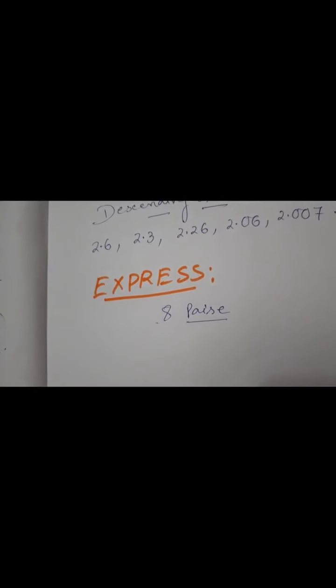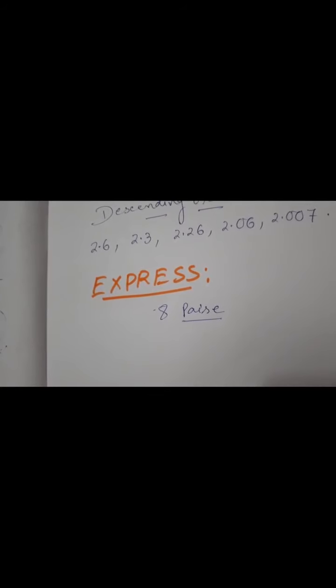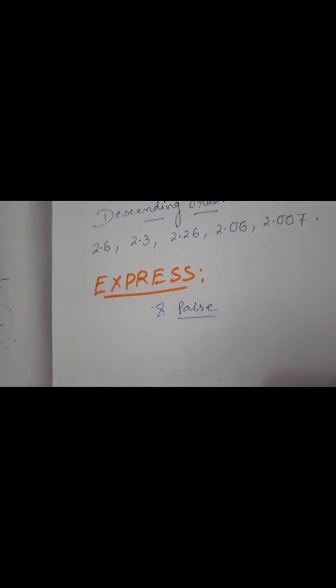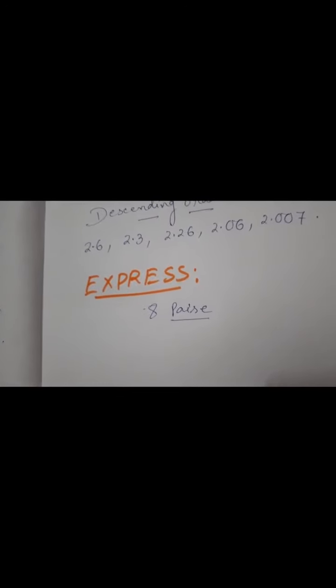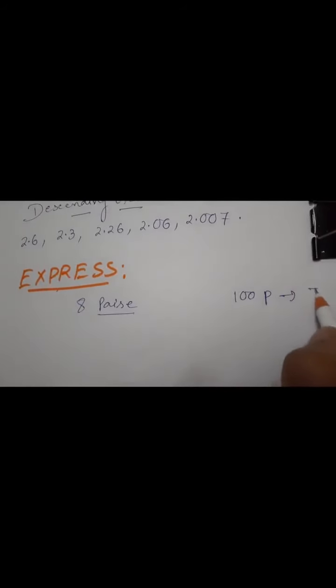So students, what is the meaning of this 8 paise? We all know that 1 rupee is equal to 100 paise. That means we can convert any paisa into rupees, and by the unitary method also we can do it. 100 paisa means rupees 1.